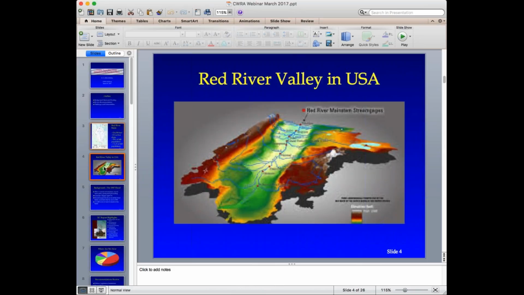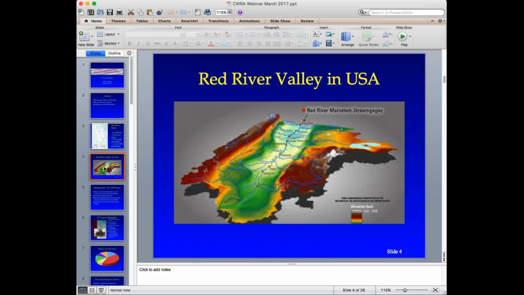Turning just to the next slide, this is a LiDAR representation of the Red River Valley in the U.S. That green and beige area in the center is the flat Red River Valley. Valley is not technically the right word, but it's known locally as the valley, and everybody talks about the Red River Valley as being that area.